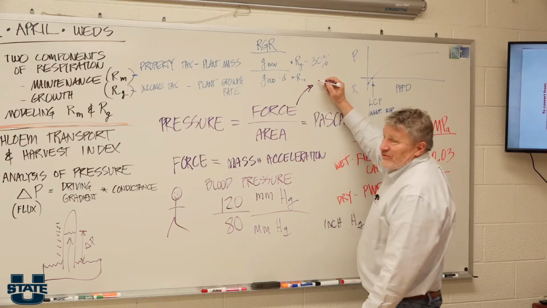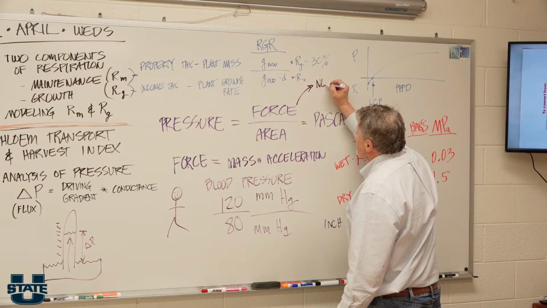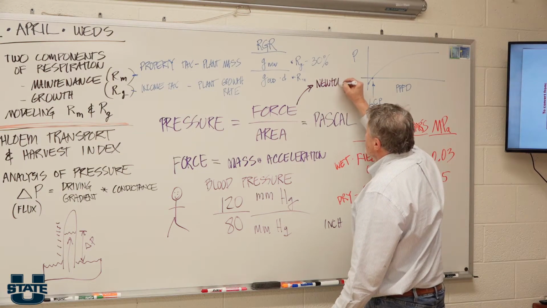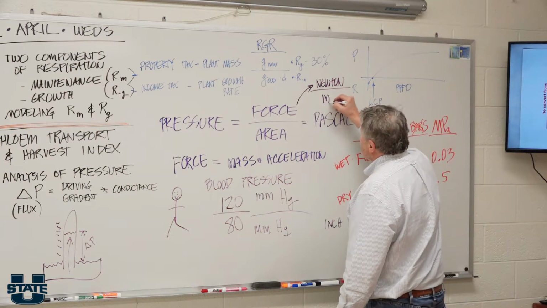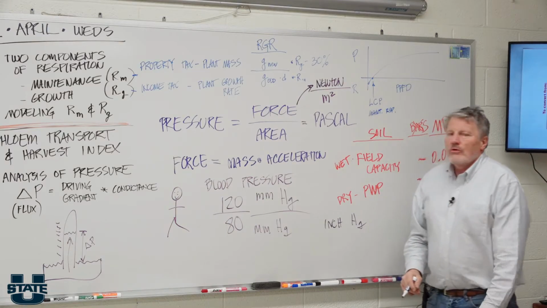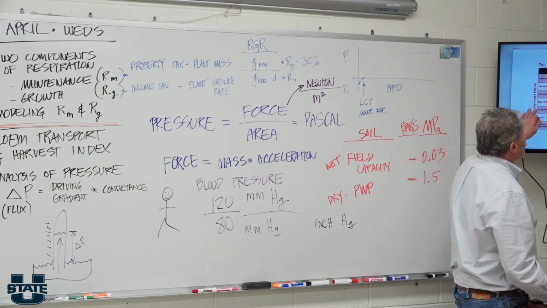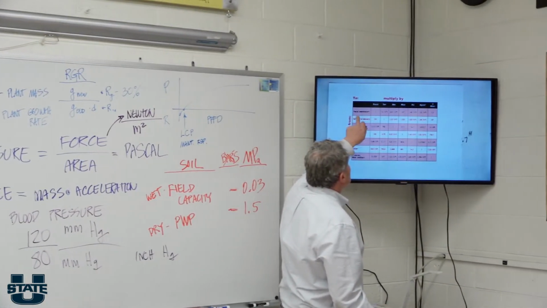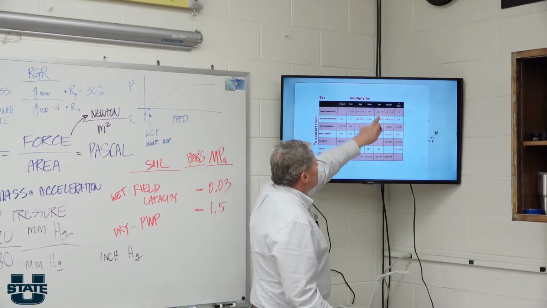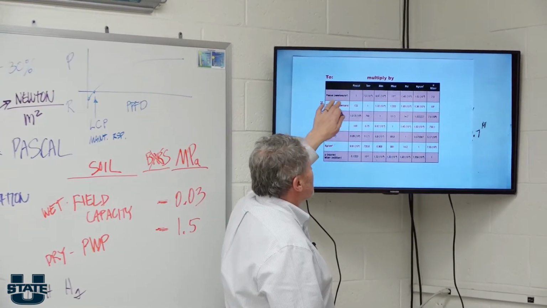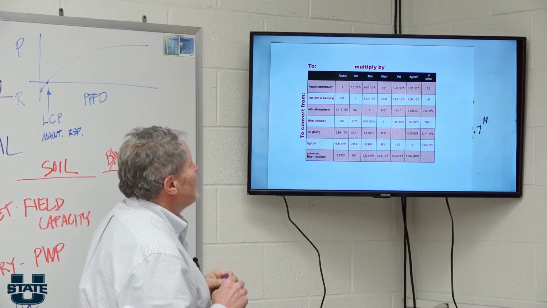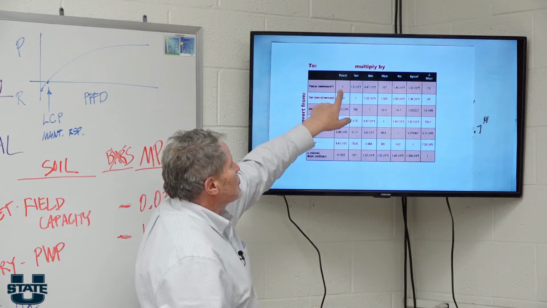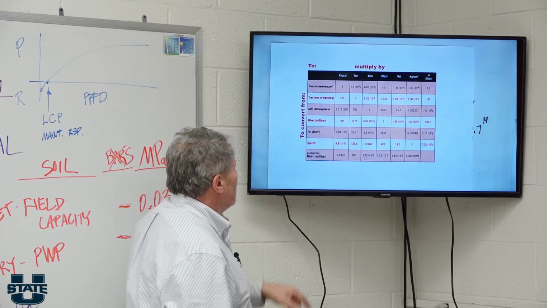Not pounds, it's newtons. And what's the area? Meters squared. So a newton per meter squared, we can look it up on here, is 1 pascal. Newton per meter squared, 1 pascal.